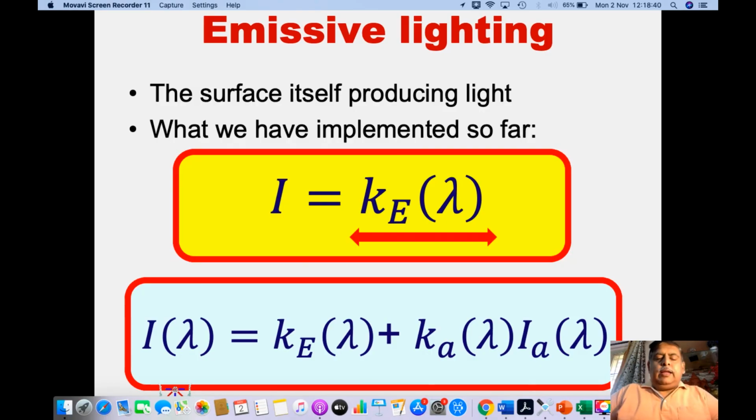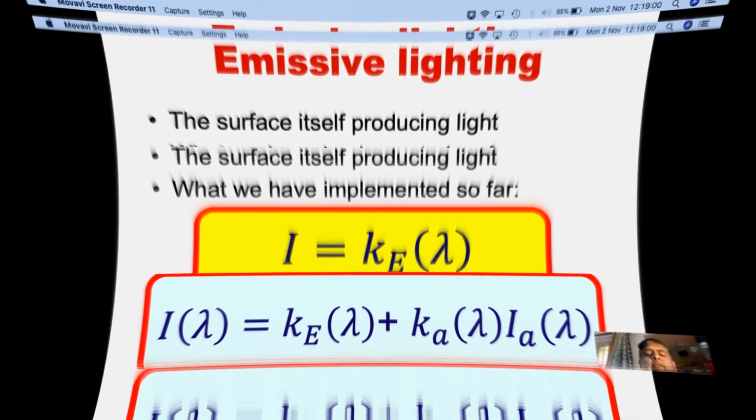We will end this lecture at this position, and we will see the effects of the other two components, because up to now what we have is a flat illumination which has these two components.